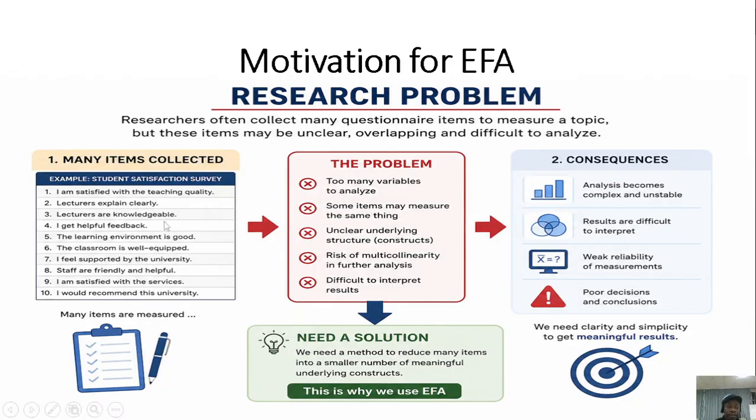For example, we have these items here. Then we apply exploratory factor analysis. You can see the problems here, you can read it yourself. And then the consequences, I think you can read them yourselves. What we need is a method to reduce them into smaller groups, and that is what we call exploratory factor analysis.